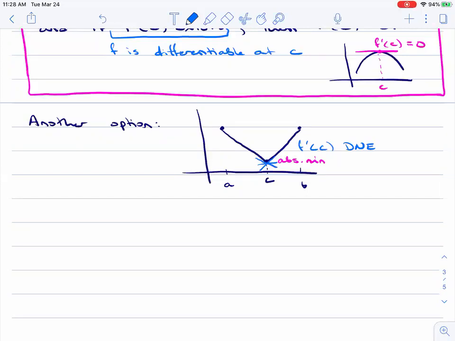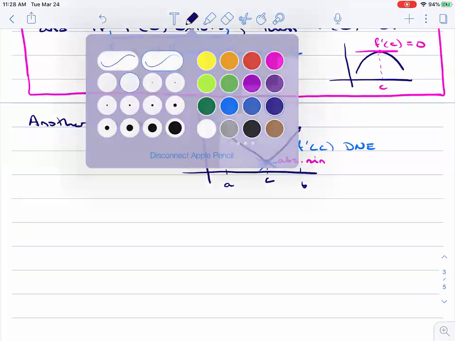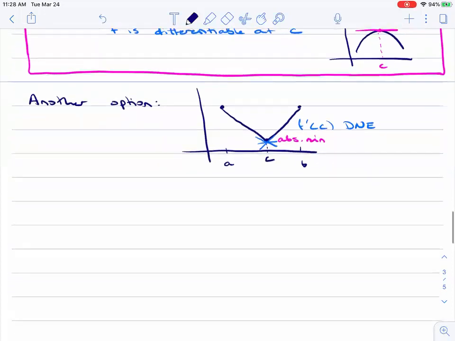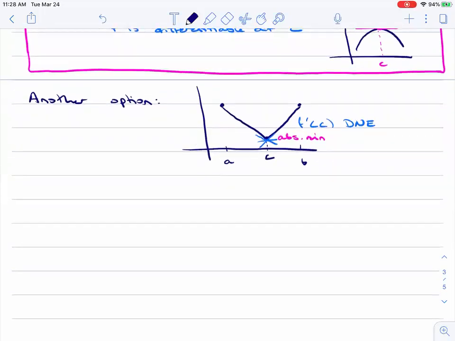And so there are 2 different options, and for these maximums and minimums, local, absolute, max and mins, we call them, just in general, critical numbers.